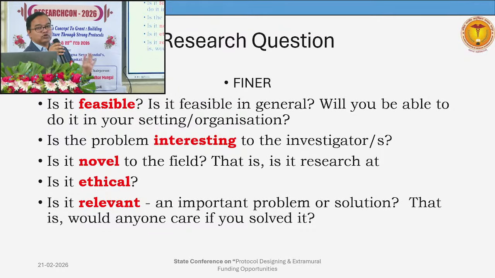The most common source of funding for us in health profession is ICMR. And ICMR gives fund under 4 different headings. There are 4 Ds. First is discovery research. Second is delivery research. Third is descriptive research.